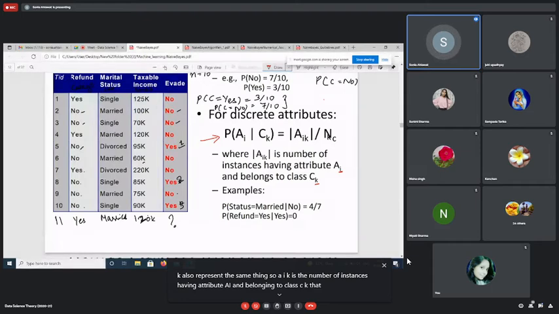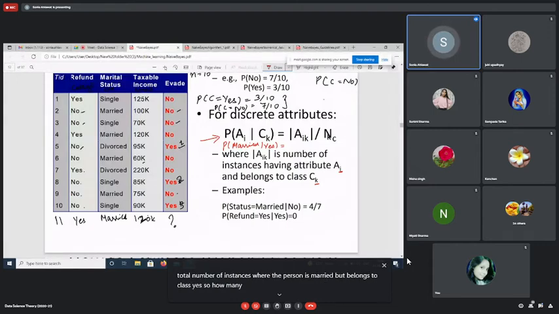That means if I want to calculate, I'll simply say marital status is married with class yes. So now you just have to count the total number of instances where the person is married and belongs to class yes.